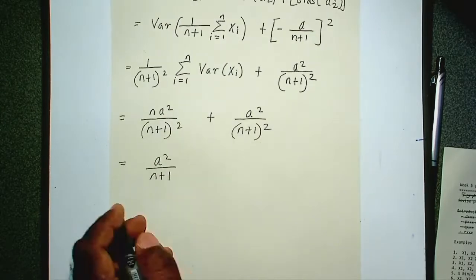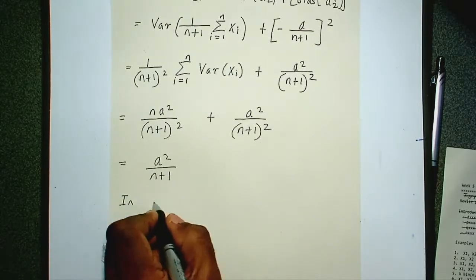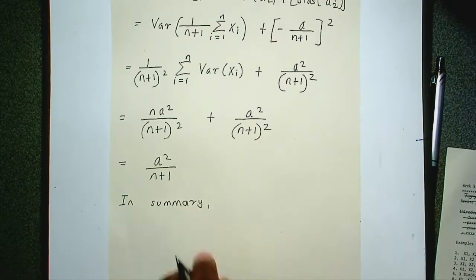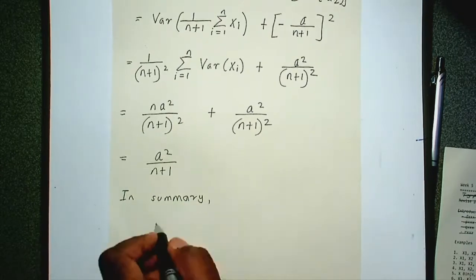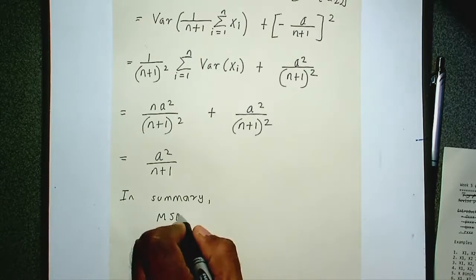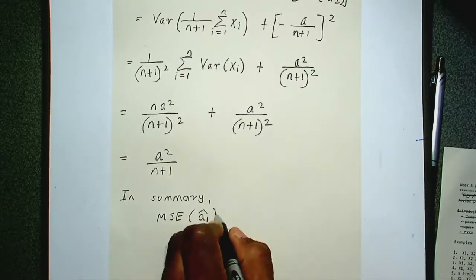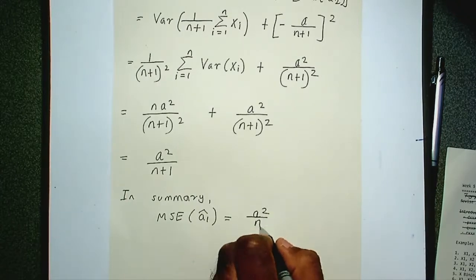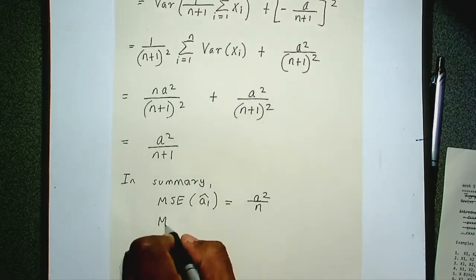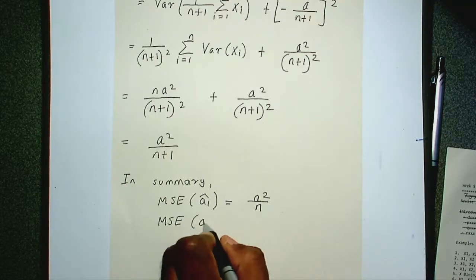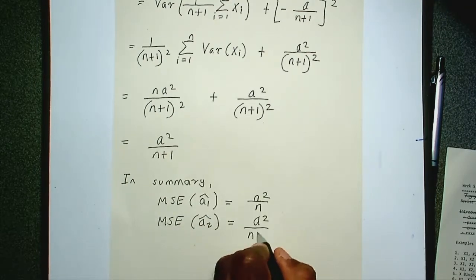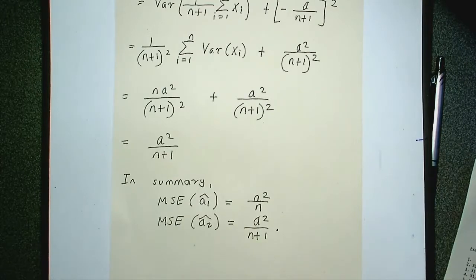So in summary, the MSE for A1 hat and the MSE for A2 hat. Right. Okay, so which one is smaller?